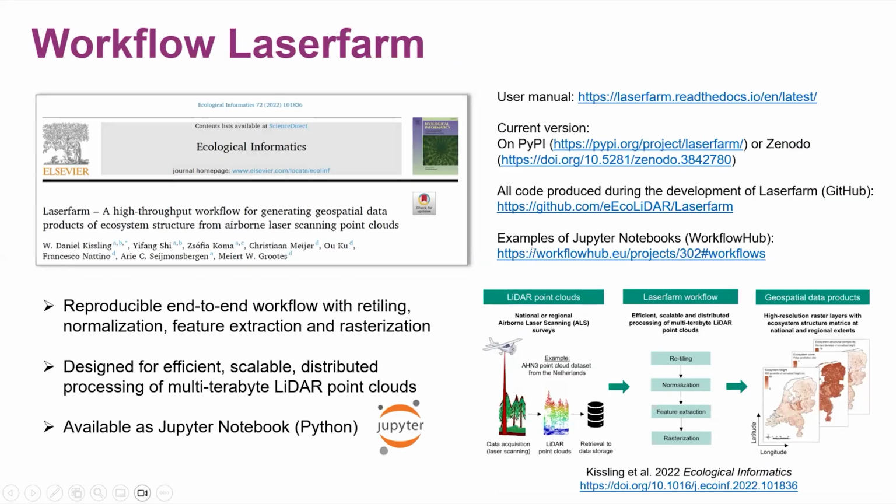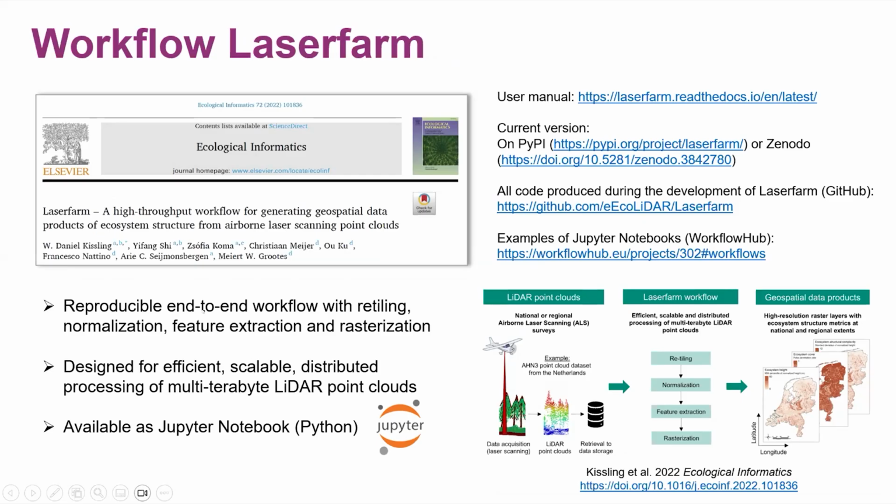Based on this Laserchicken software, we have then further developed a workflow which we call LaserFarm. This LaserFarm workflow builds on the Laserchicken software for the feature extraction or metric calculation, but it also extends it to an end-to-end workflow where you have a retiling component, a normalization component, a feature extraction or metric calculation component, and a rasterization, so that in the end you get GeoTIFF files out that you can easily handle in R or GIS software.